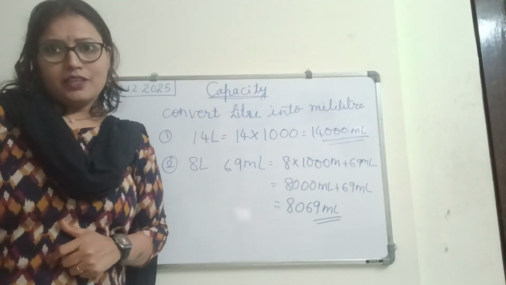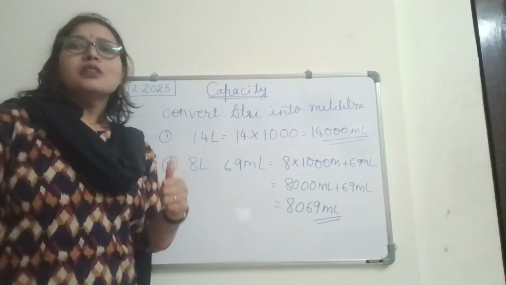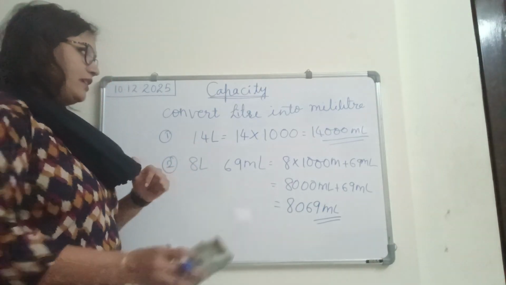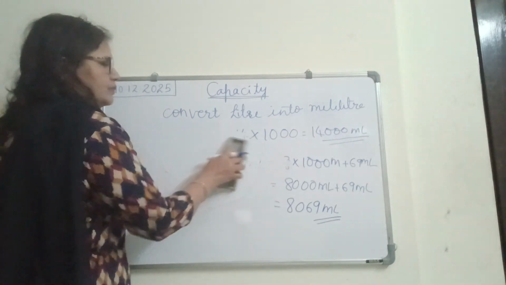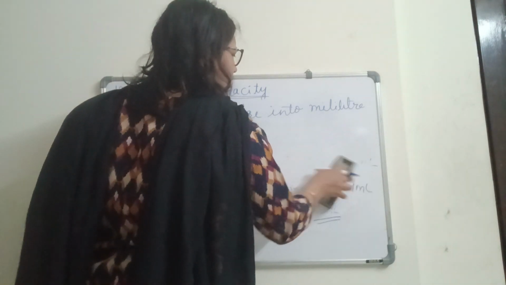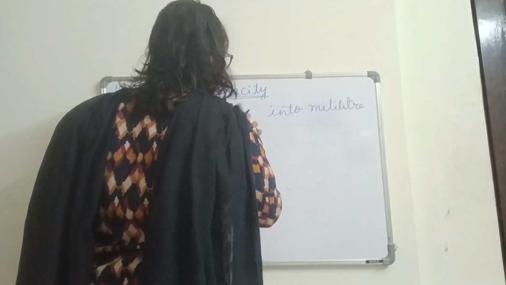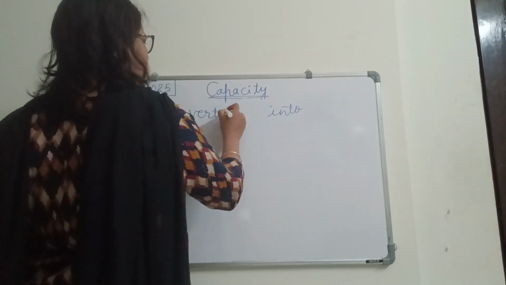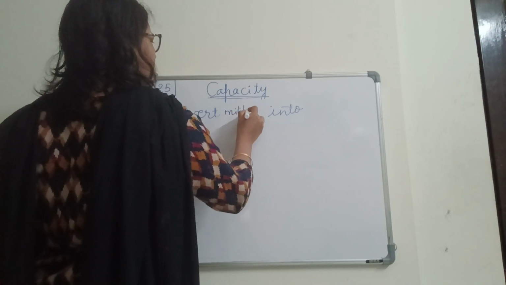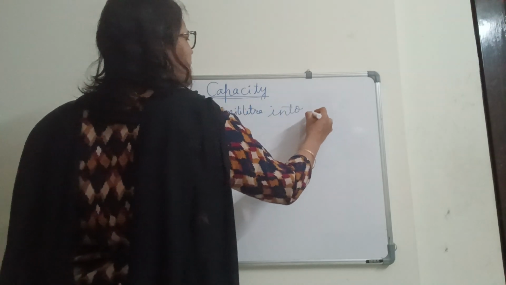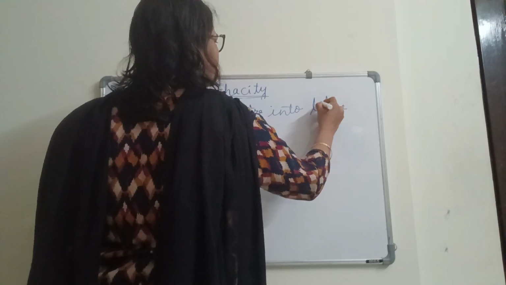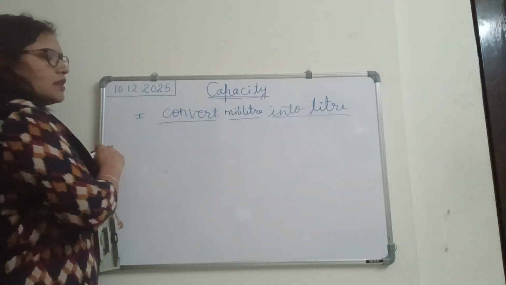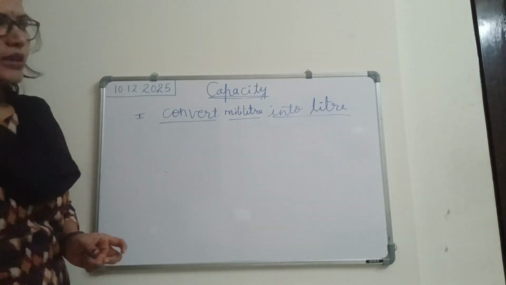Suppose milliliters are given and they ask you to convert into liter. In that case, what do we have to do? We'll see here. So the question is, convert milliliter into liter.